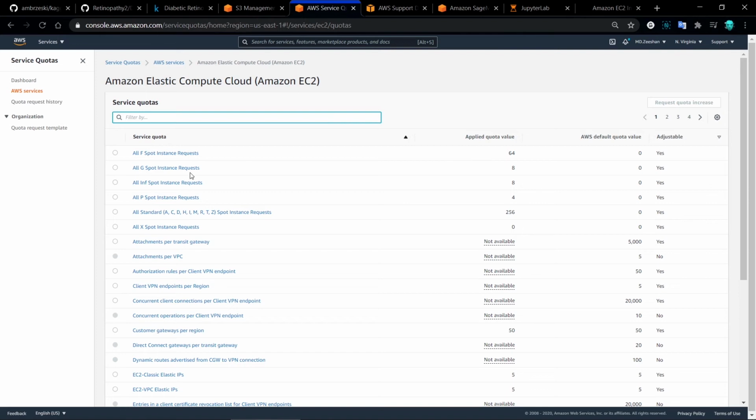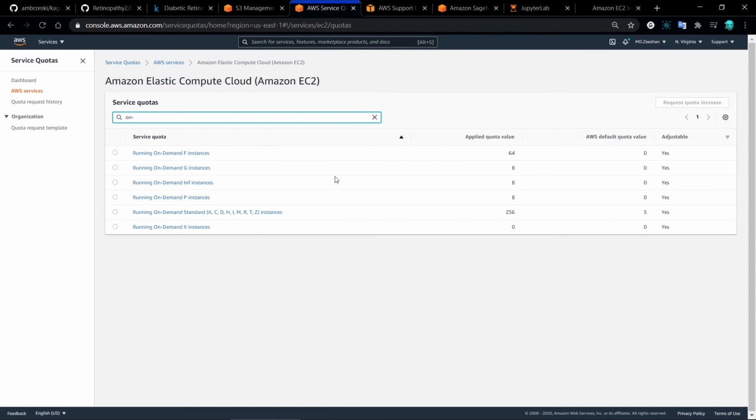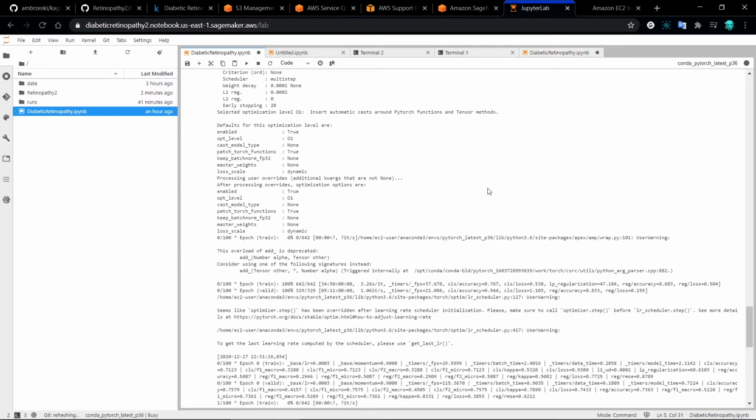For the C compute instances, you can literally have as much CPU as you want on demand. So as you can see, this still has not updated here. Why, I don't know exactly. For these P instances it has to be 64. That's what I'm currently using with this instance.